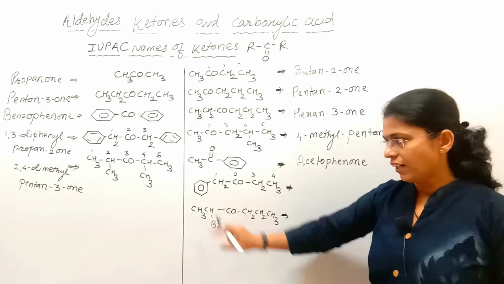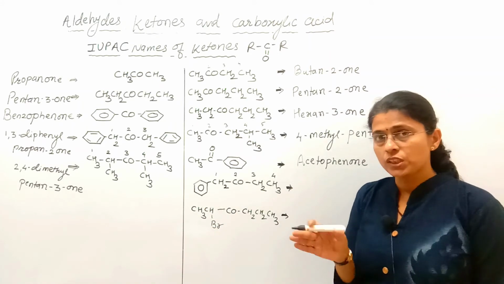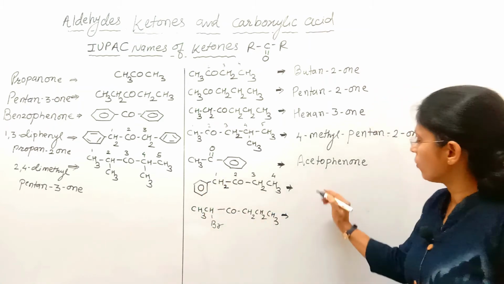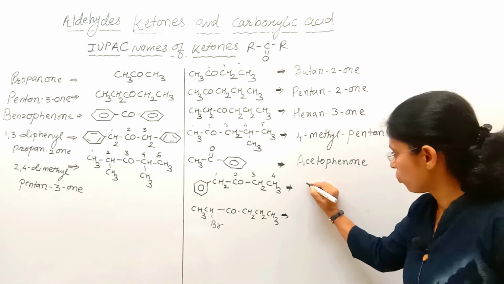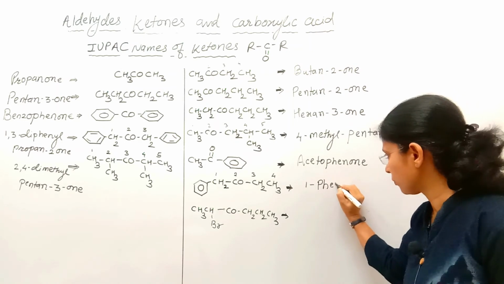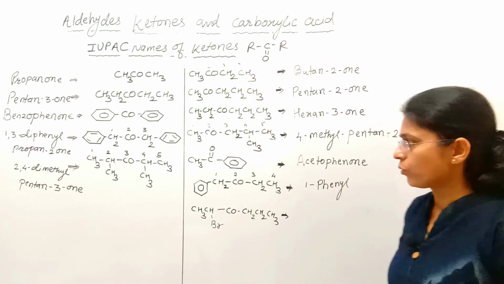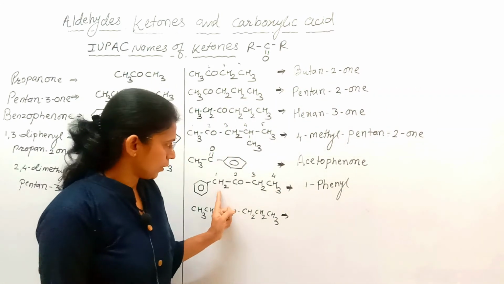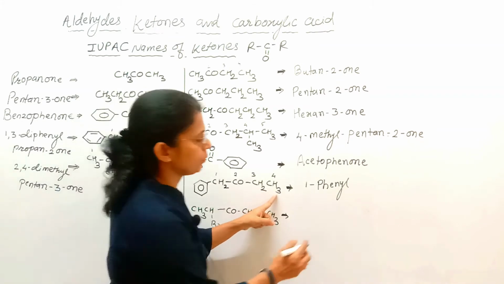Here the phenyl ring is a substituent which is at the first position. That's why first write the substituent: 1 dash phenyl. Okay, 1 dash phenyl. 4 carbon, so butane.